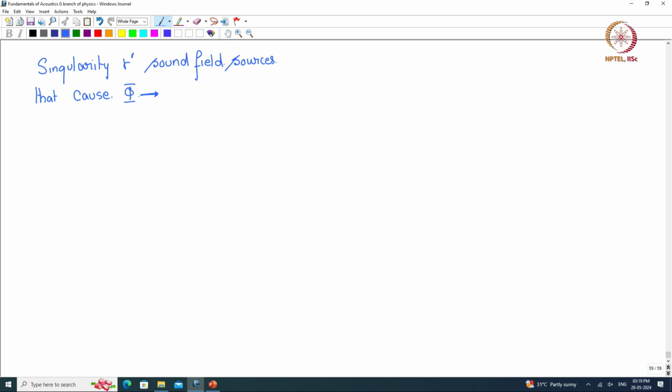Now the next topic I want to discuss is this over here. We will be doing several problems in spherical coordinates. In order to do that, we need to understand the spherical coordinate system and derive the general solution in spherical coordinates.